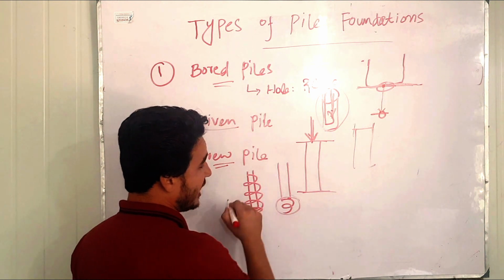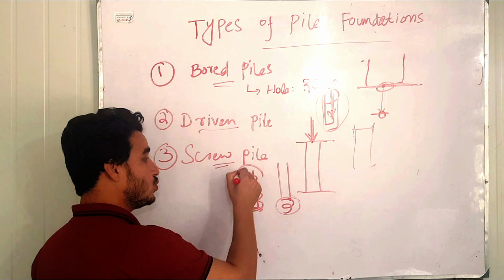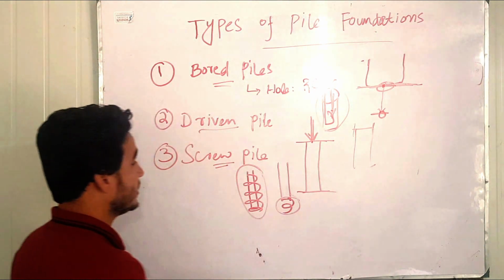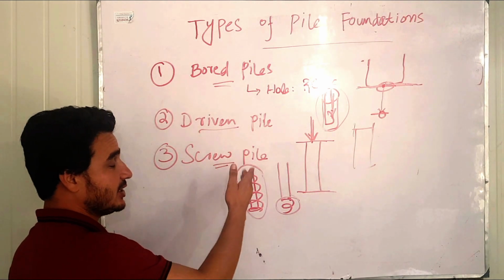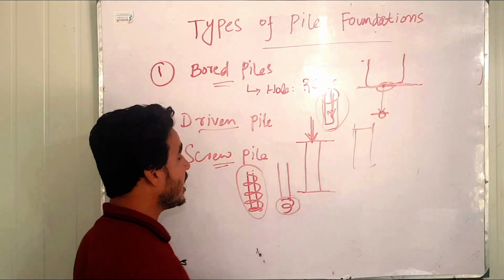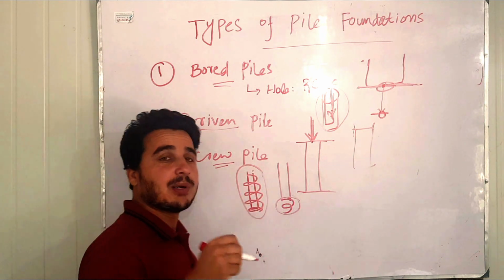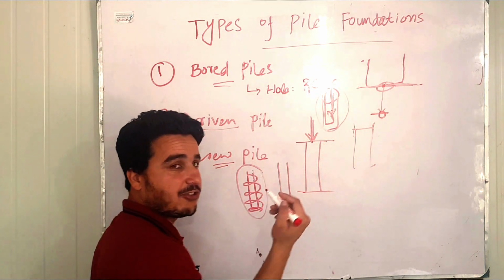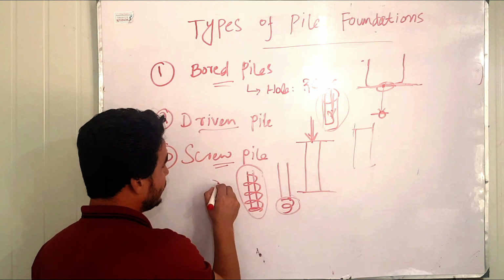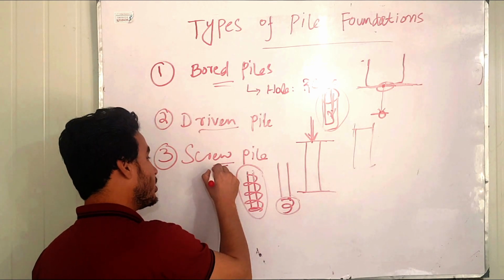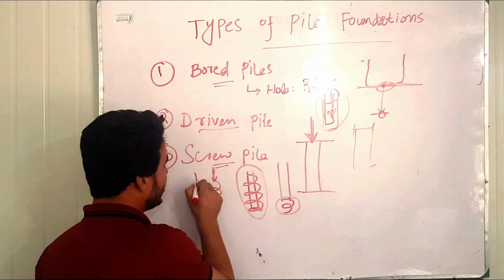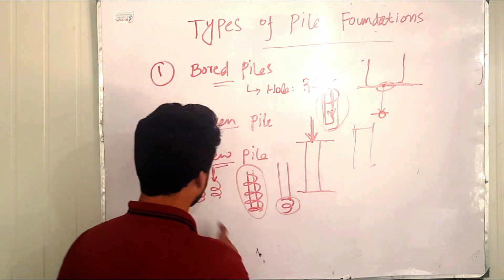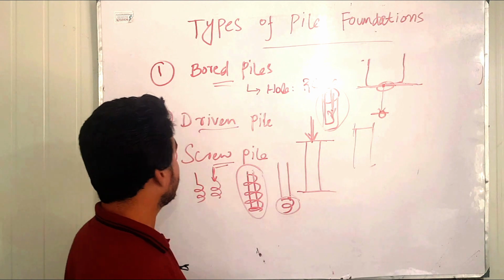A screw is either inserted here or throughout the pile. This is what we call the screw pile, because it just looks like a screw. It is also a type of driven pile, because a hole will not be made for this, so it will be inserted using a machine that rotates. I will be showing you a small video of this. In that video you will see how a screw pile works. So this is what we call the screw pile.